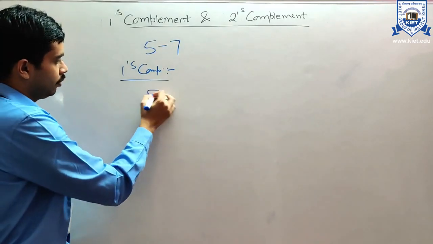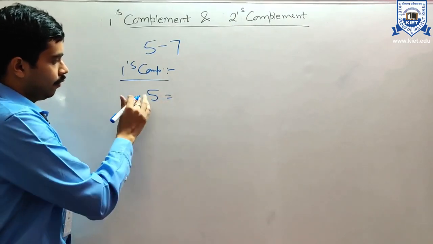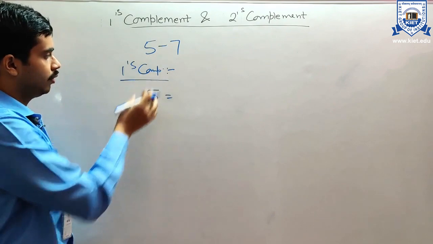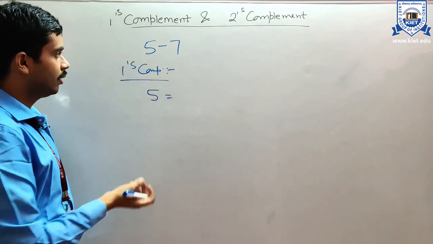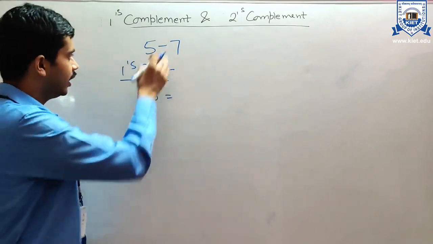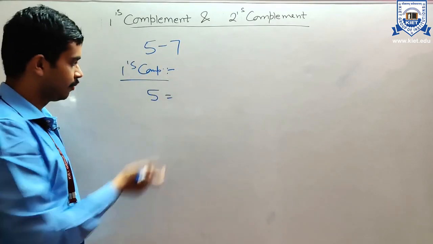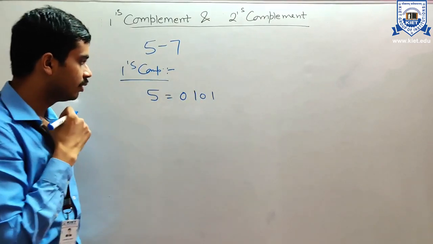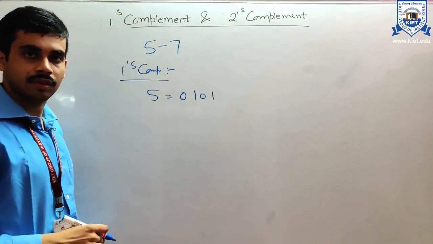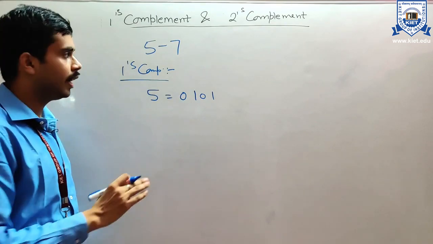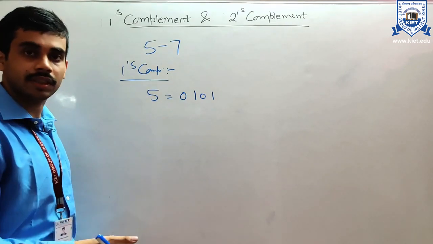In this example, how many bits do we want? We want at least 4 bits, because for 4 bits the 1's complement range is from minus 7 to plus 7, and these two numbers fall within the range. So in 4 bits plus 5 is 0 1 0 1, and for positive numbers, the unsigned and all the representations are the same.